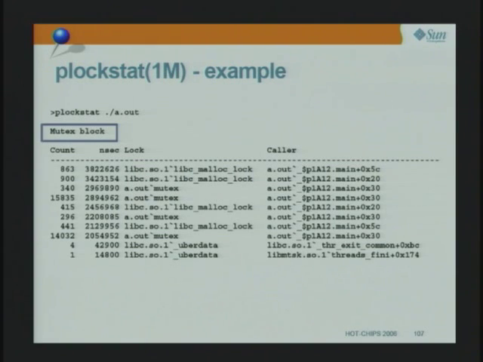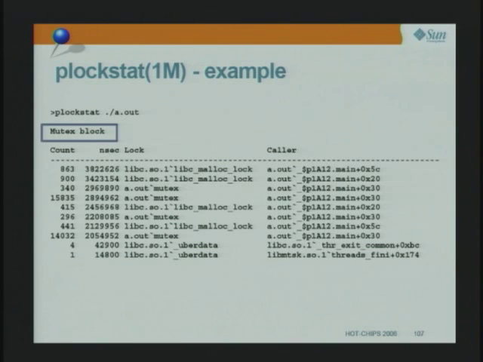So the first information plockstat gives you is mutex block. This gives you the caller of the lock routine, this gives you the symbol of the lock variables, this gives you the number of times this event happens, and this is the average time.